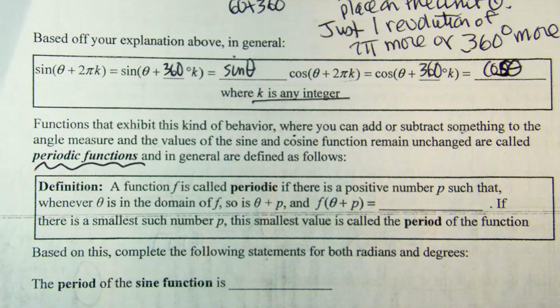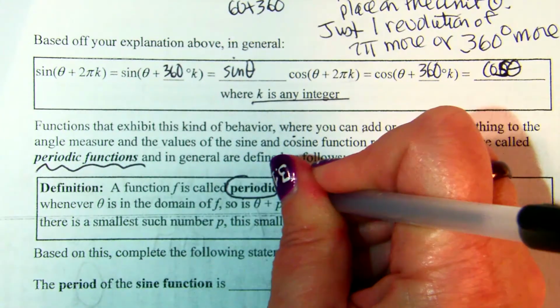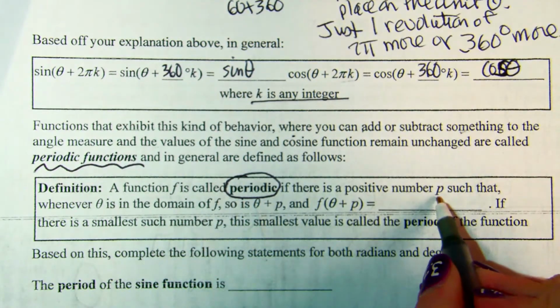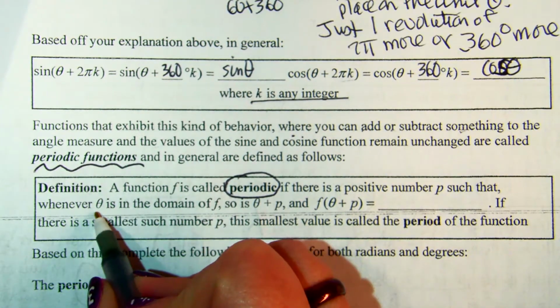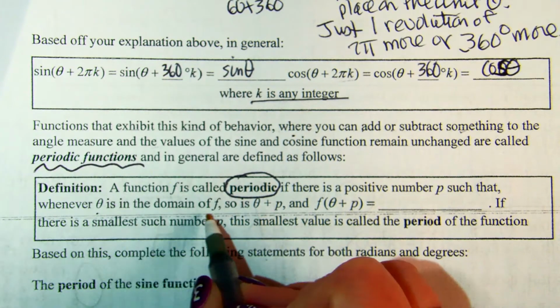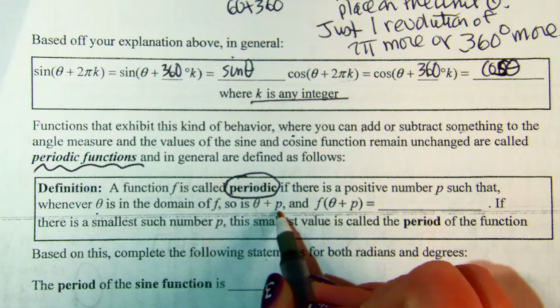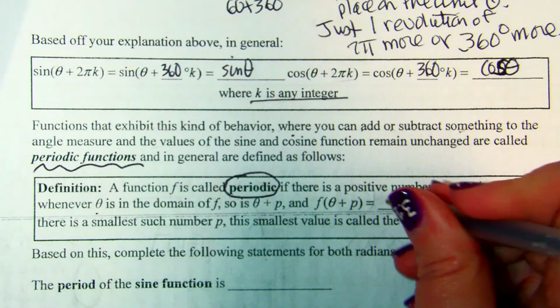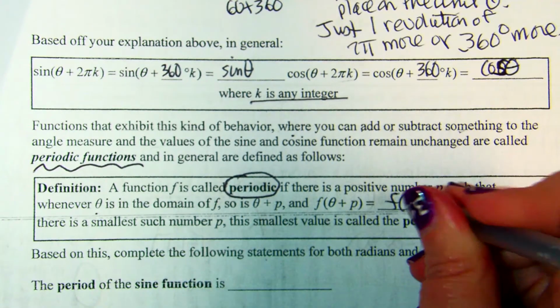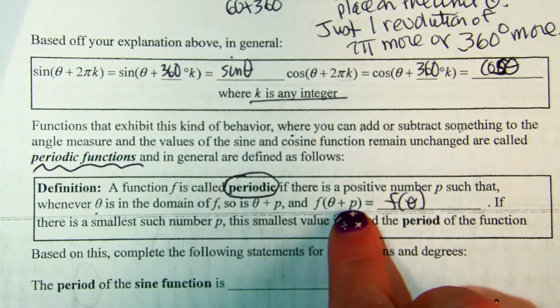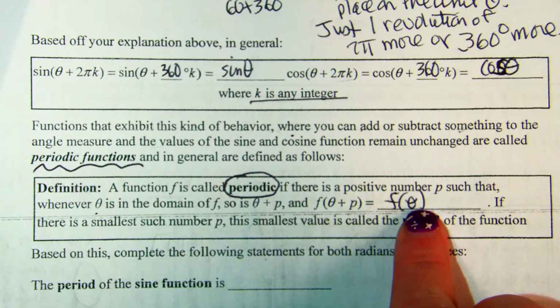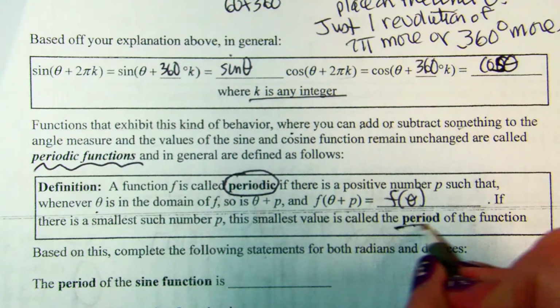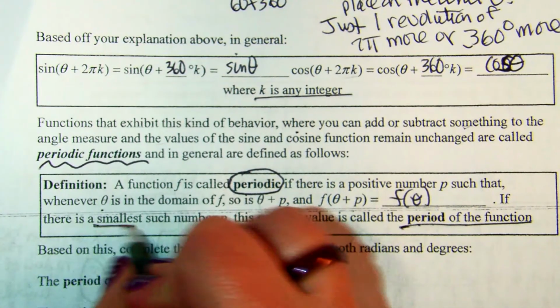A function is called periodic if there's a positive number p such that whenever theta is in the domain of f, theta plus p is also in the domain and f of theta plus p equals f of theta. If you add p to it, it's still the same as if you had the original function. It's called the period of the function. It's the smallest number that you can add.